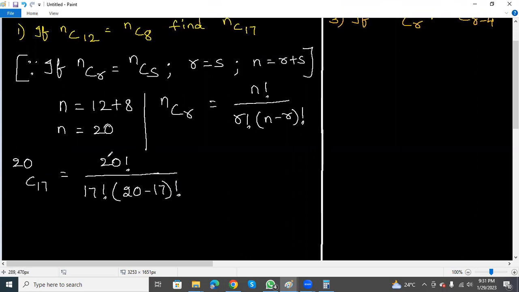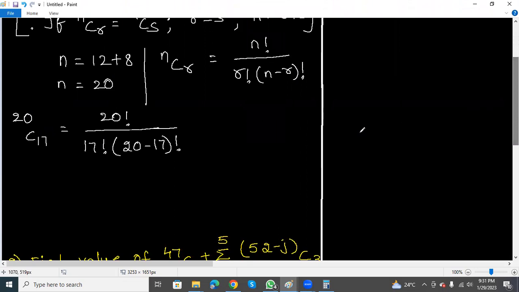This 20 factorial can be written in terms of 17 factorial, as we have learned in factorial notation. So 20 times 19 times 18 times 17 factorial, divided by 17 factorial into 3 factorial.